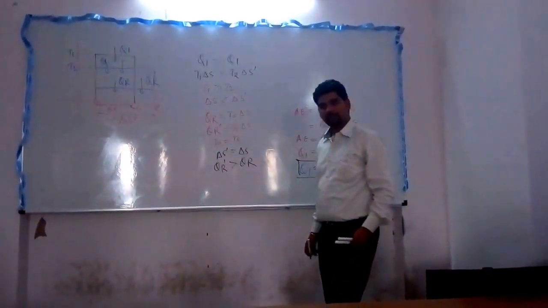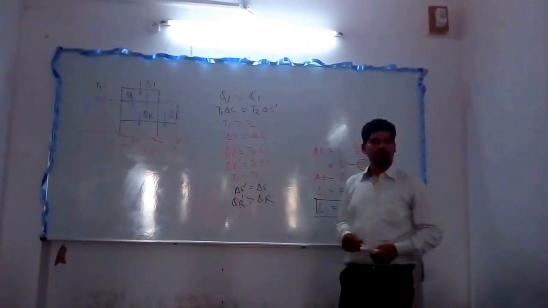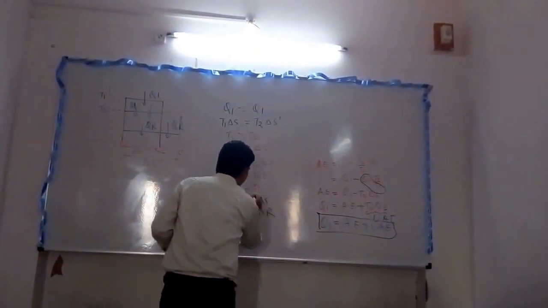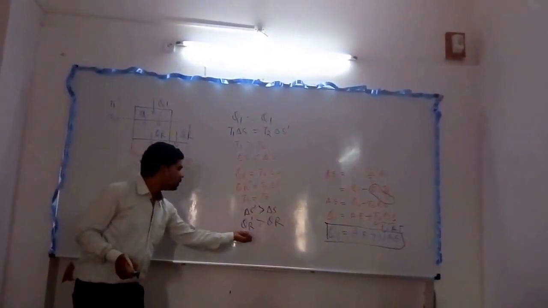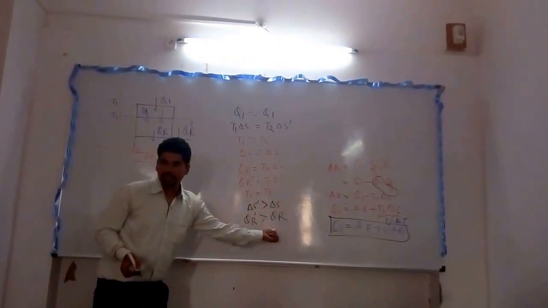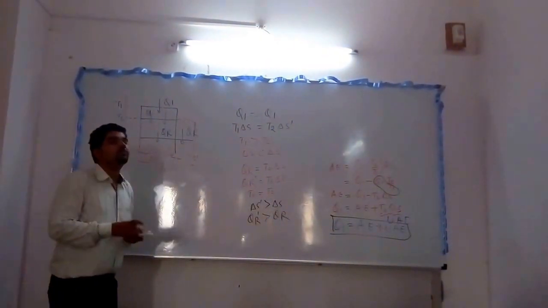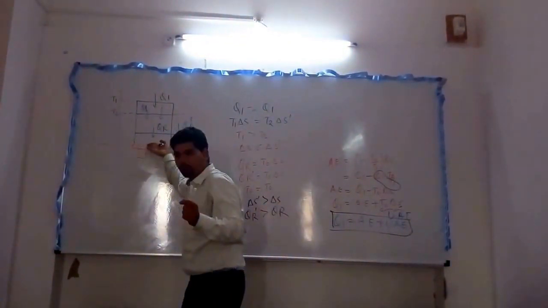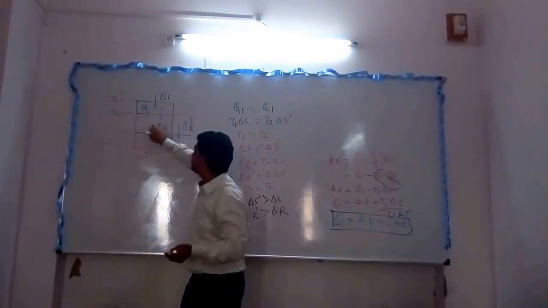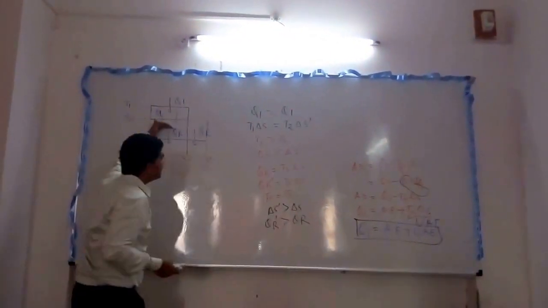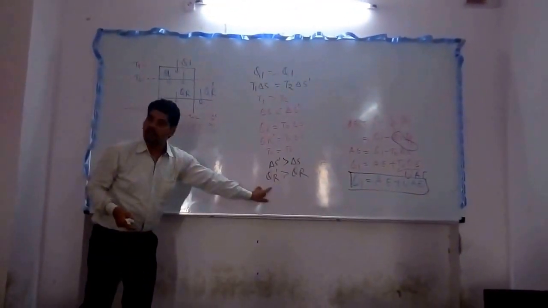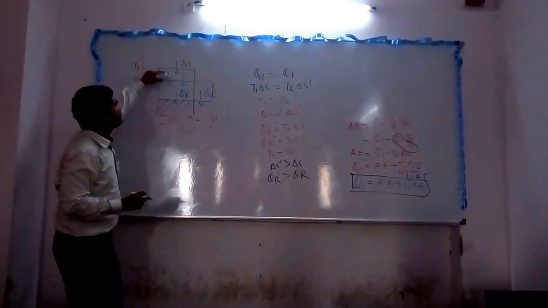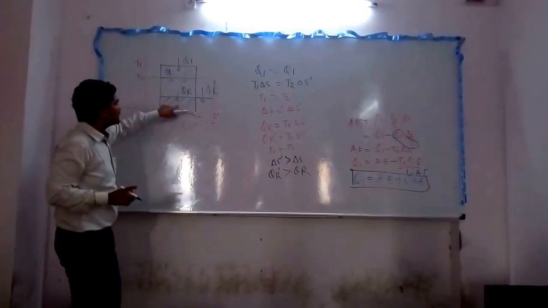Will it be or not? Clear? So QR dash will be greater than QR. It is clear. If QR dash is greater than QR, so what I am saying, if we supply heat at higher temperature, rejection will be lower. If we supply heat at lower temperature, rejection will be higher. It is clear. So what I am saying, before, when we are supplying heat Q1 at T1, the rejection will be this.